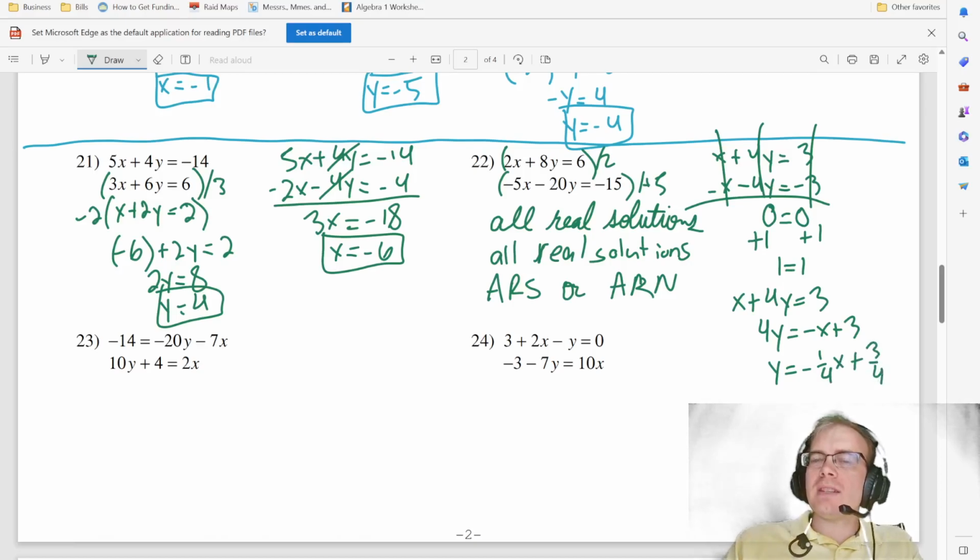Okay, so that's the y value. So then you could basically say that x comma -1/4 x plus 3/4 is the answer.